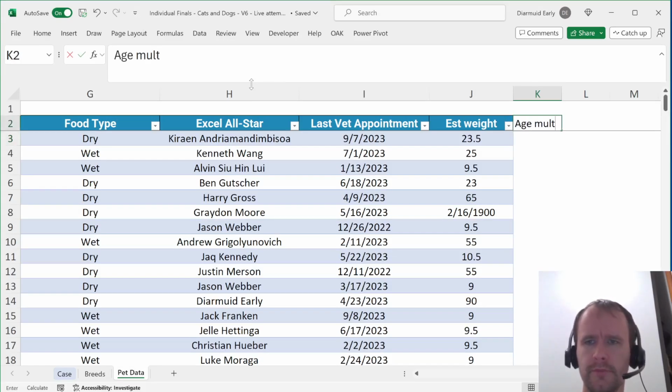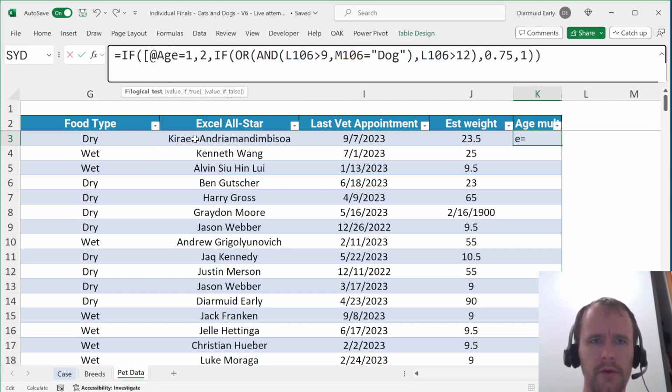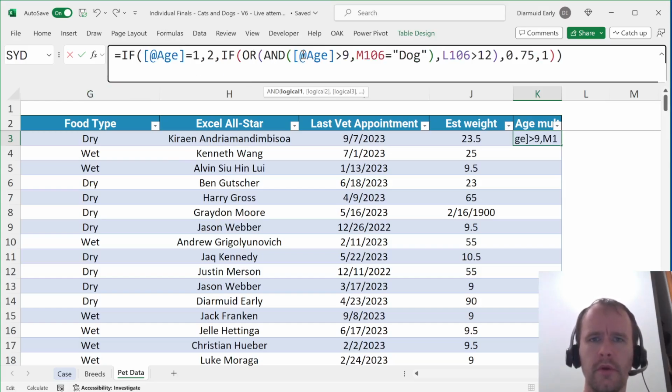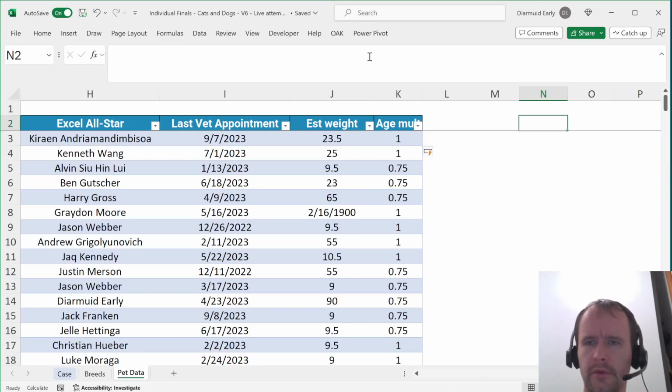Age mult. That's if that age equals 1, 2, it's greater than 9, and this is at species. Okay, so we've got everything there.